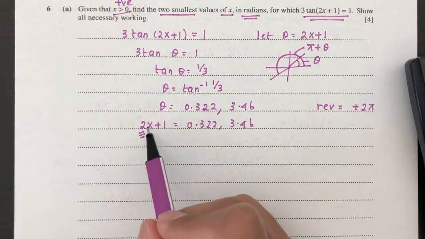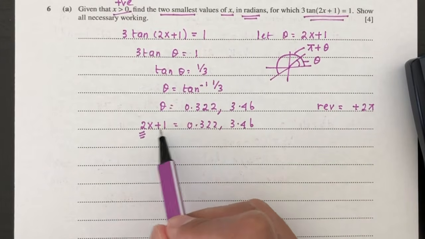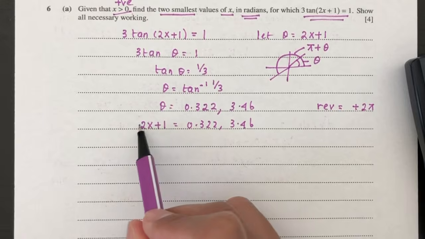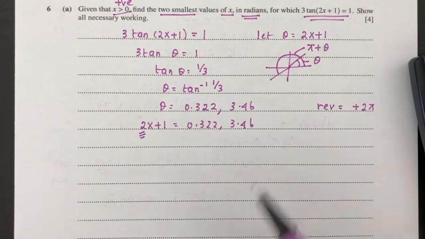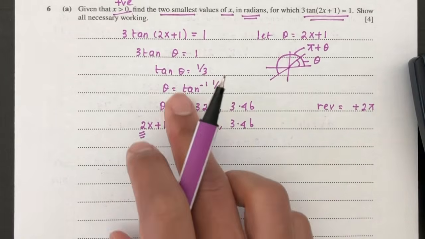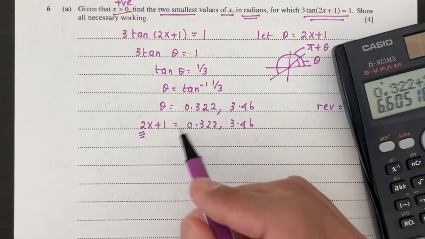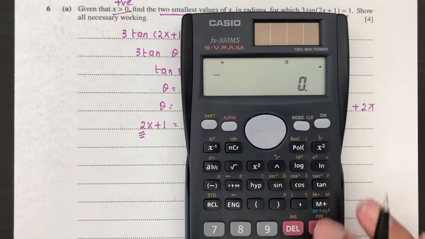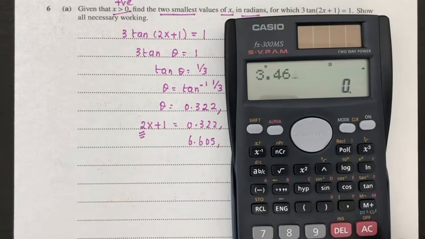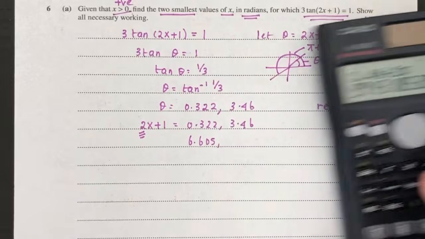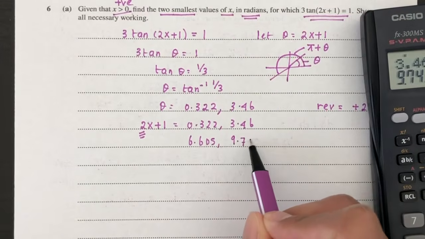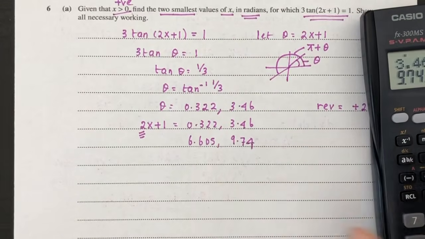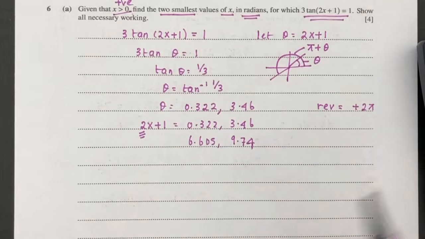Because if you have 2x here, you have to do this to get the other values possible for this equation. So you will have 6.605, and then for this one, 3.46 plus 2 pi, that will be 9.74. Since we only require 2 values, we can stop here.